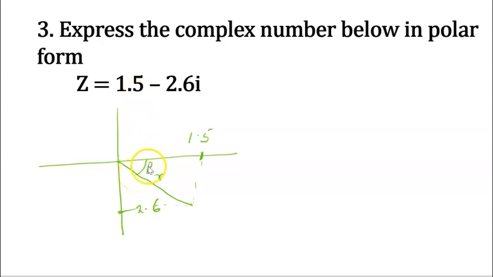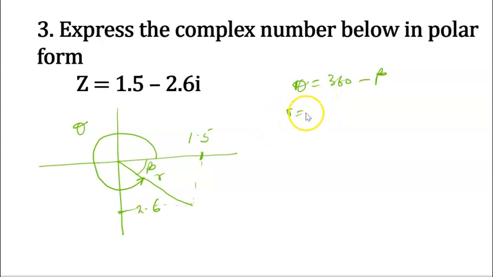Here's my beta. But remember that my theta must go anti-clockwise, so here is going to be my theta. In this quadrant, my theta is the same thing as 360 minus beta. This is what I really want you to observe here.